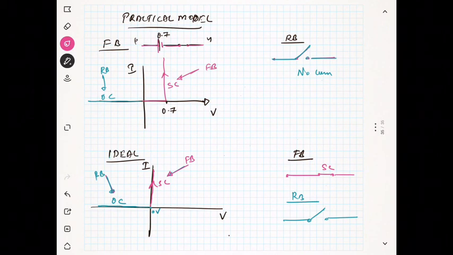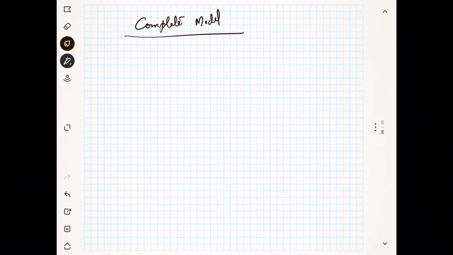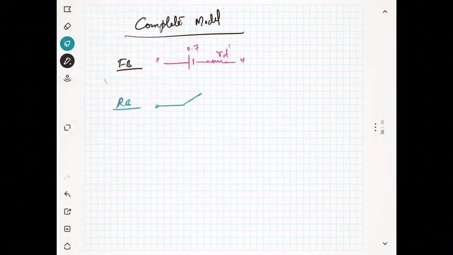Okay, next we have the complete model. What is that complete model? In the forward bias, you have 0.7 and a small resistance RD dash, a short circuit but with a small resistance. This is P type and this is N type. And in the reverse bias, you have an open circuit, but there is a leakage current through the resistance RR dash.